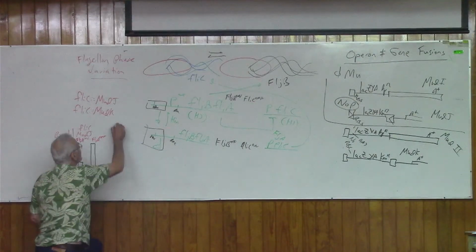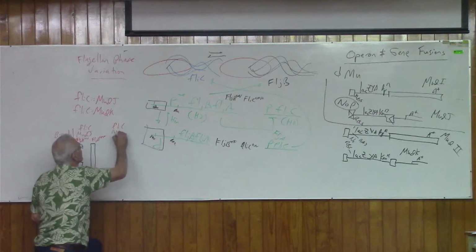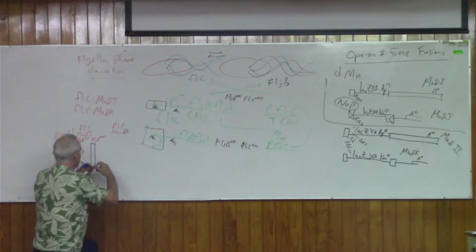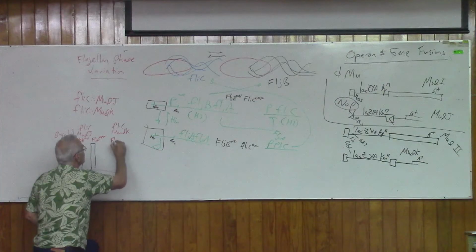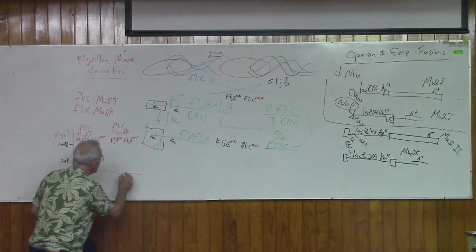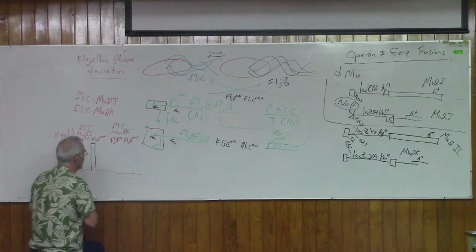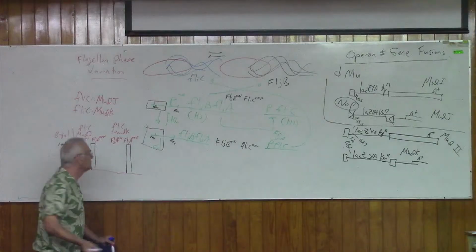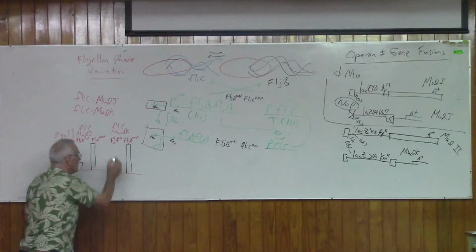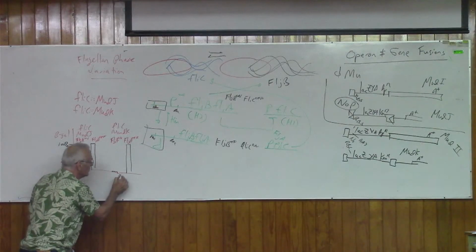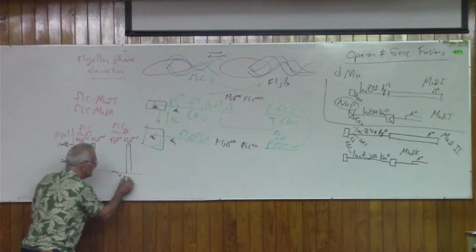What about if I see MudK? FljA on, FljA off. So there's no repressor. Again, 100%. With the repressor, 0.5%.